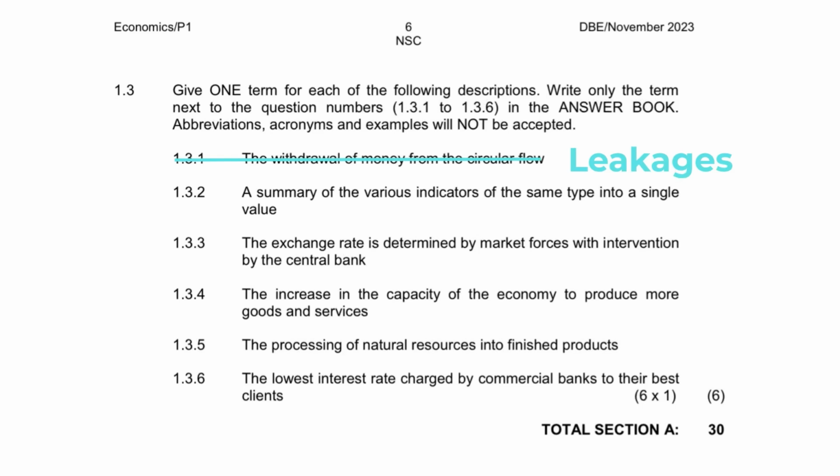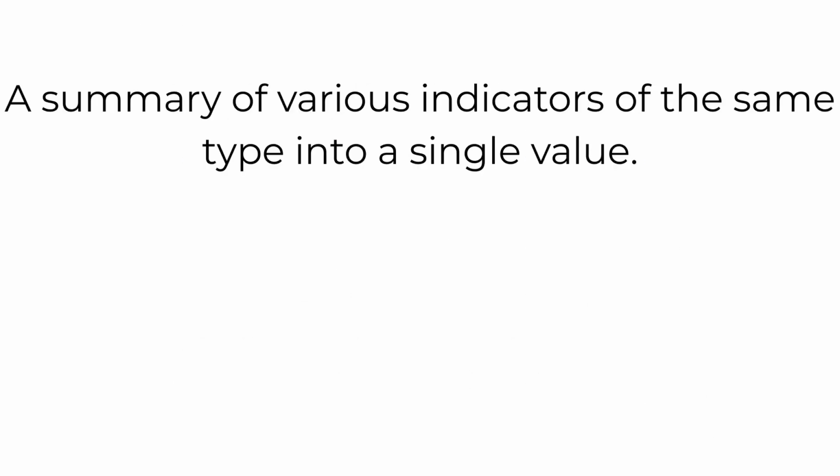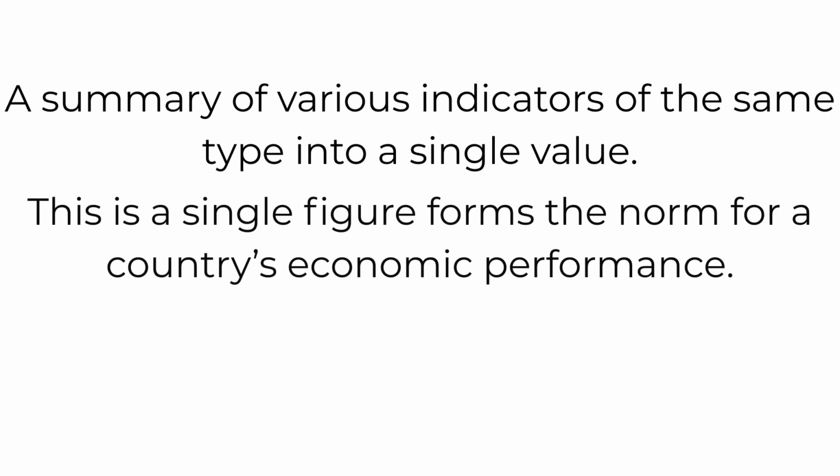1.3.2 states a summary of various indicators of the same type into a single value. In your textbook, this is found under economic indicators used in forecasting under your business cycle section. This is a single value that forms the norms for a country's economic performance.